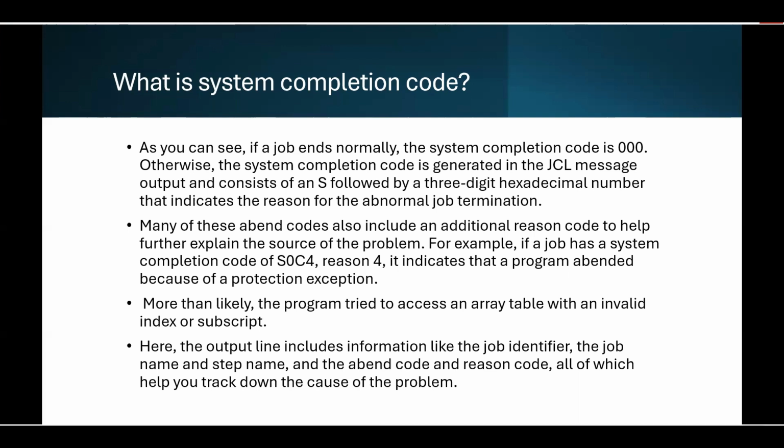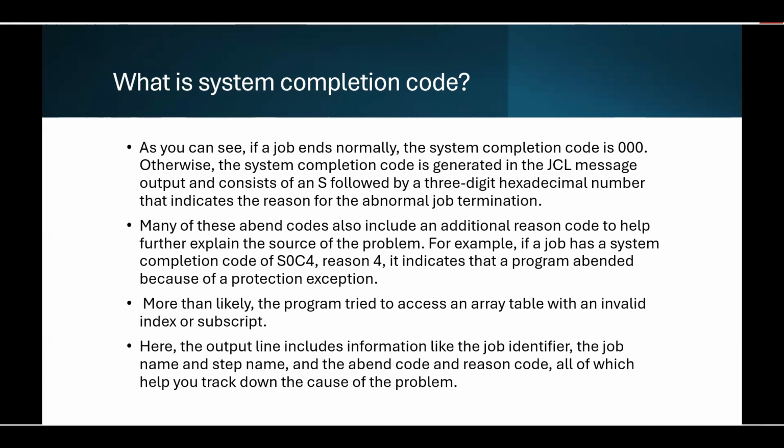If you're having any issue with the program, or with the file, module or data, then sometimes we get abend messages, and in those abend messages we get messages on the screen in the form of S, then a 3-digit hexadecimal value, and also the reason code, which indicates what the reason is.